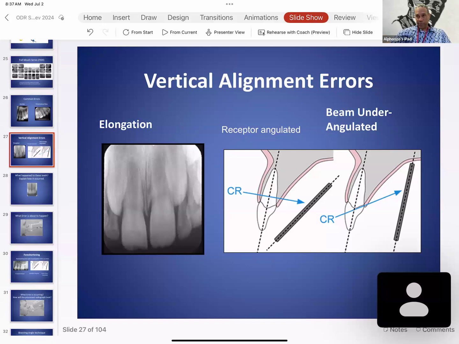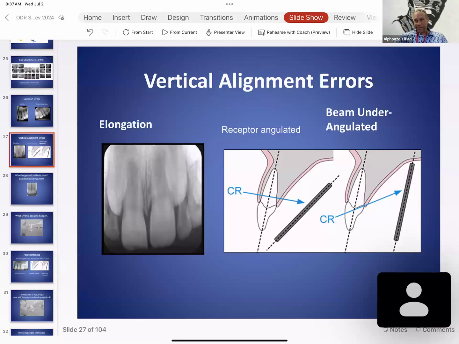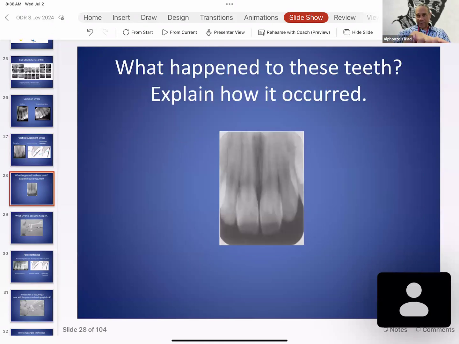This is board information. And again, this image right here is what happened to these teeth, and explain how it occurred. And you should understand that the image on the right where it says beam underangulated, that's this image right here. Okay.